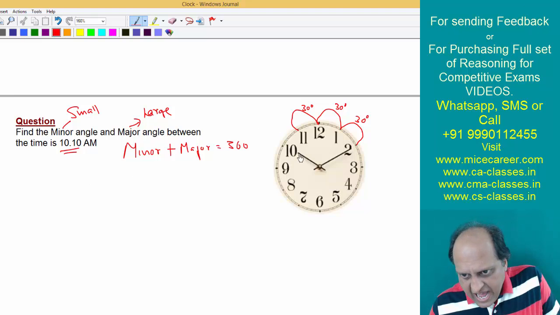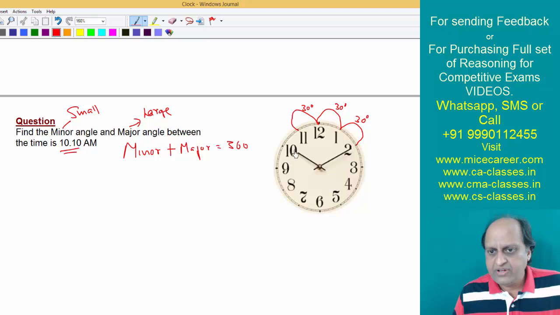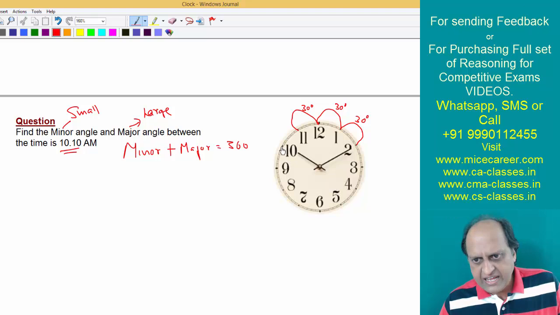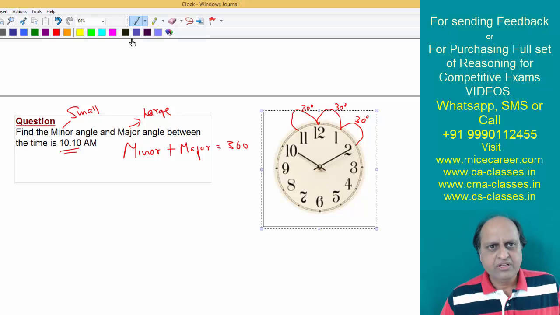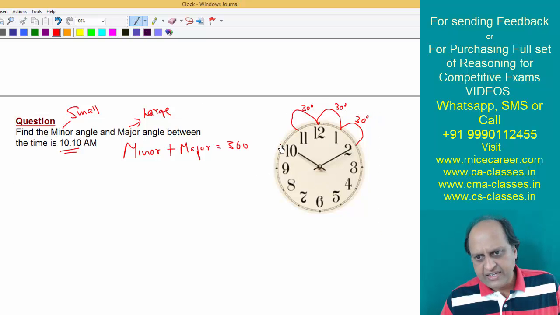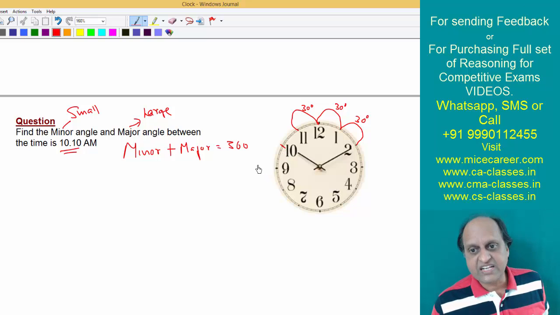Now this hour hand is slightly ahead of this point. How much ahead? 10 minutes ahead.